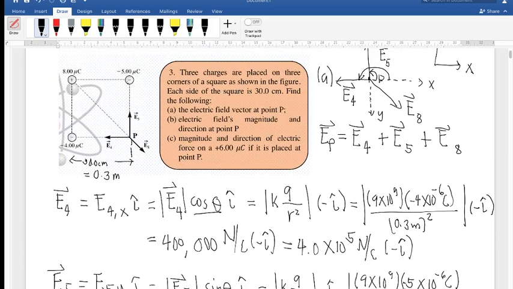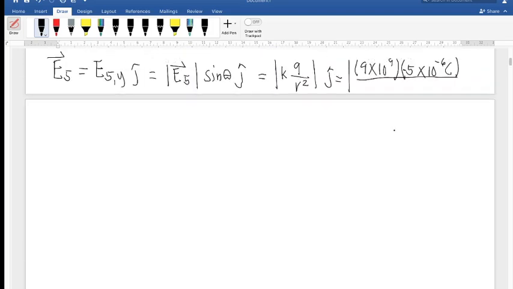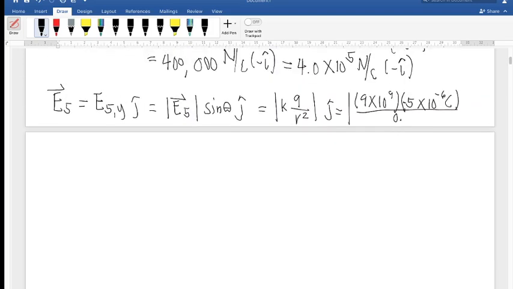So again, this one is like a side of a square. So meaning, itong distance na ito is actually equal again to 0.3 meter kasi all sides of the square are equal, di ba? So we have here 0.3 meter squared, tapos positive j hat.